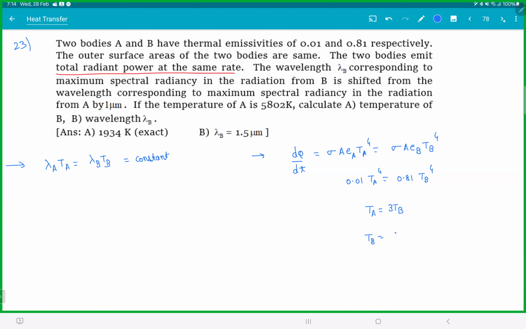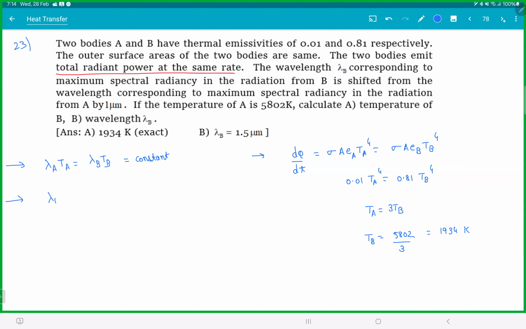So TB will be 5802 by 3. That is 1934 Kelvin. TB has come. And he's also saying the difference between the wavelengths. Now, which wavelength will be more, A or B? Whoever has less temperature will have more wavelength.